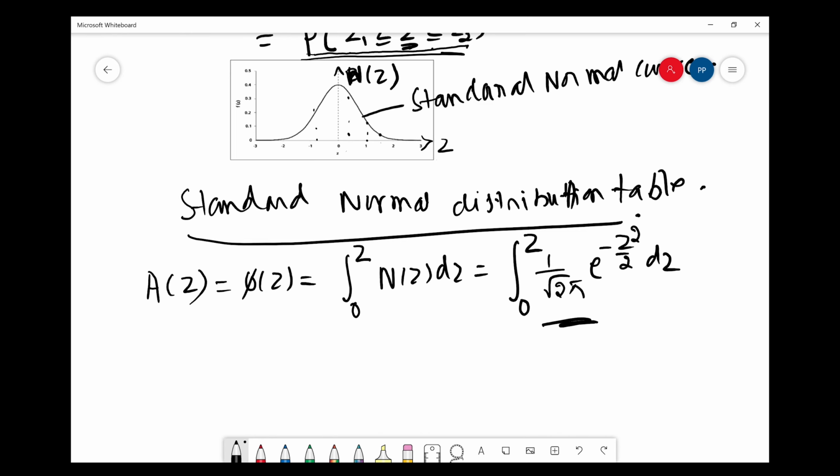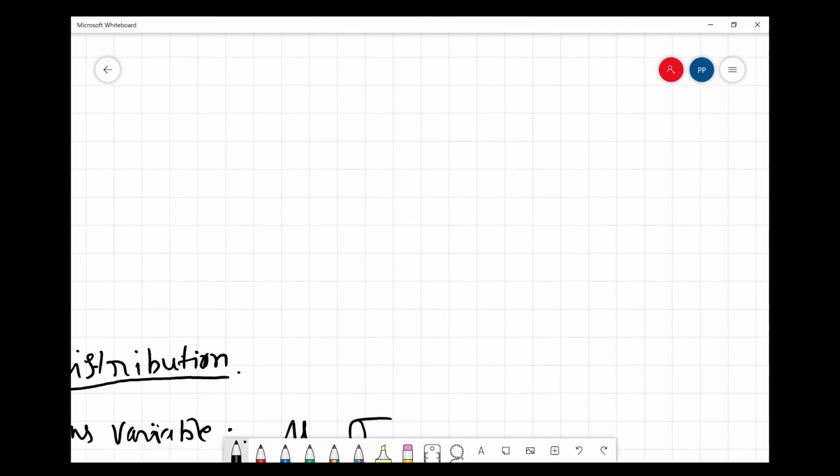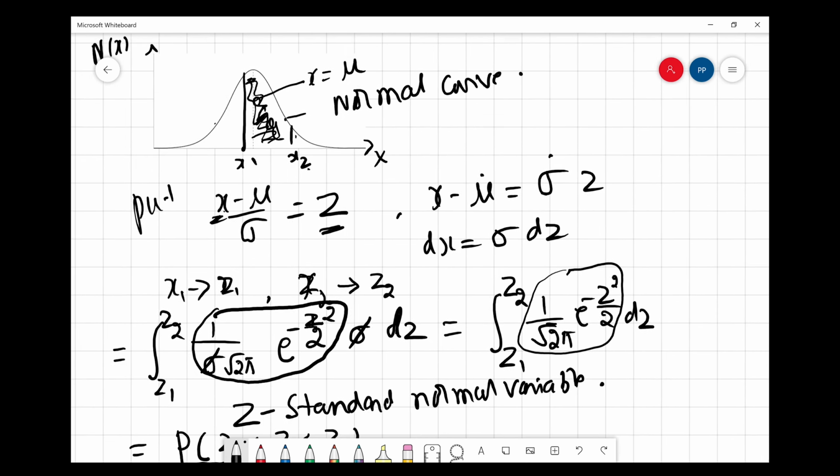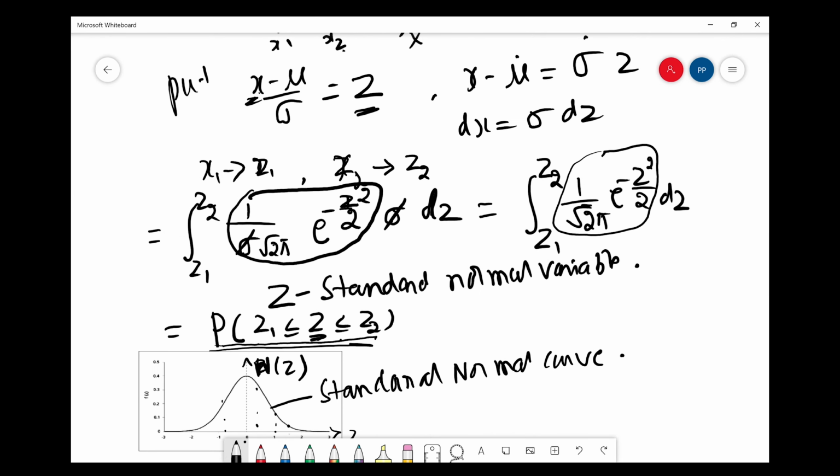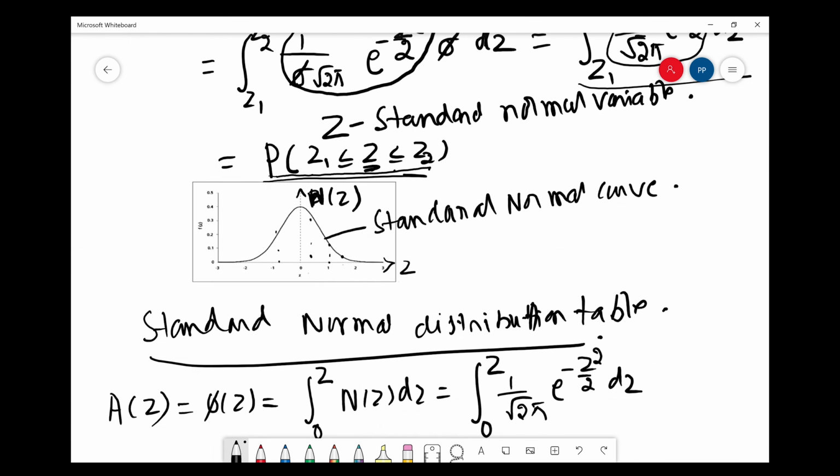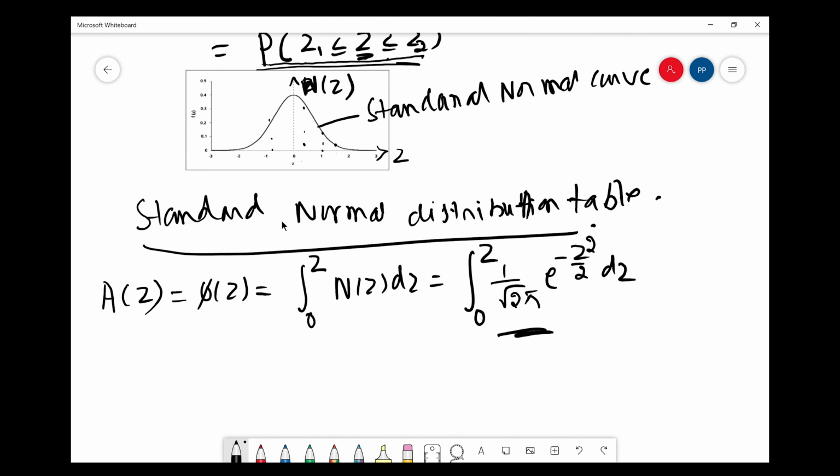This integral is the same as the earlier integral. Only the difference is the limits are different; the lower limit is 0. These values for different values of z are given in the table.